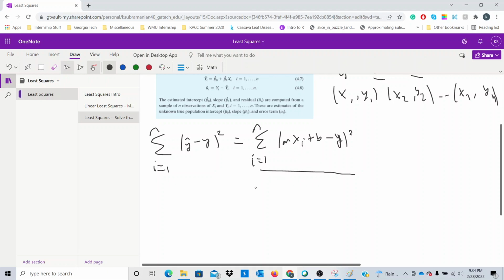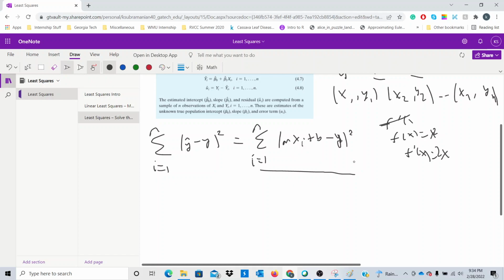I'm going to start with taking the partial derivative with respect to b. If you're familiar with derivatives of single variable functions, for example if f of x equals x squared, we have that f prime of x equals 2x by the power rule.